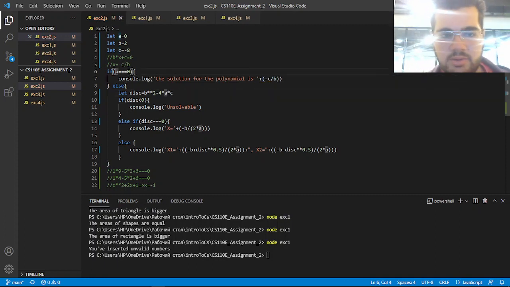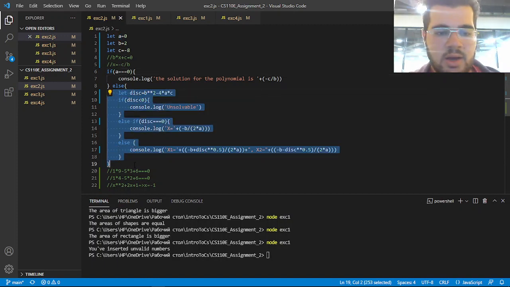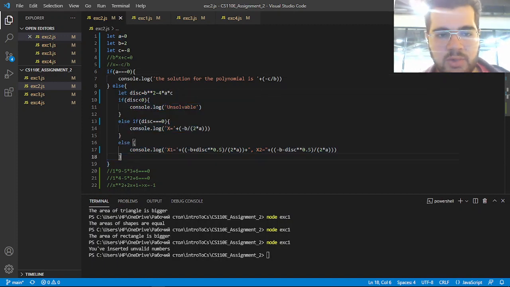If a is not equal to 0, the program will run this part of the code. It will calculate the discriminant of the equation and check its value. If it is smaller than 0, the equation will have no solutions and it will print unsolvable.